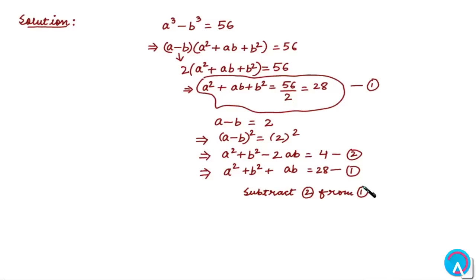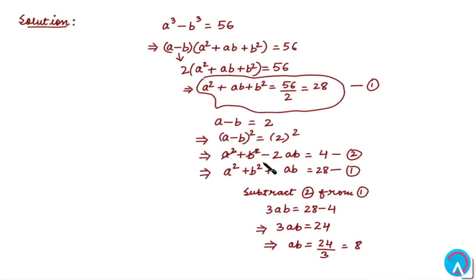We subtract equation 2 from equation 1, a square and b square will get cancelled, and here we will have ab minus 2ab, that will be 3ab is equal to 28 minus 4. This implies 3ab is equal to 24. This implies ab here will be 24 by 3, that is equal to 8.